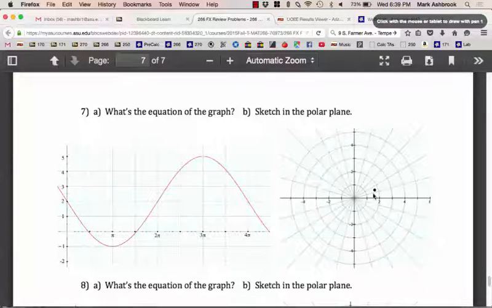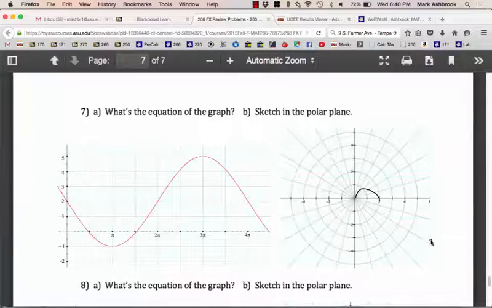You imagine the angle turning this way, and R is getting less and less to get to 0. And then now we're in negative territory. From pi over 2 to pi, we're going to go from 0 to negative 1. So where is negative 1 at this angle measure pi? Back here.